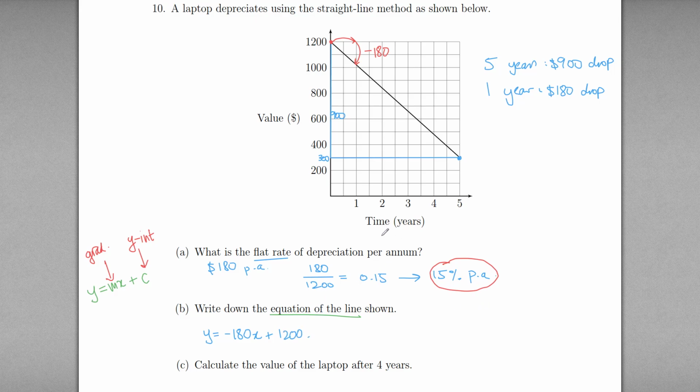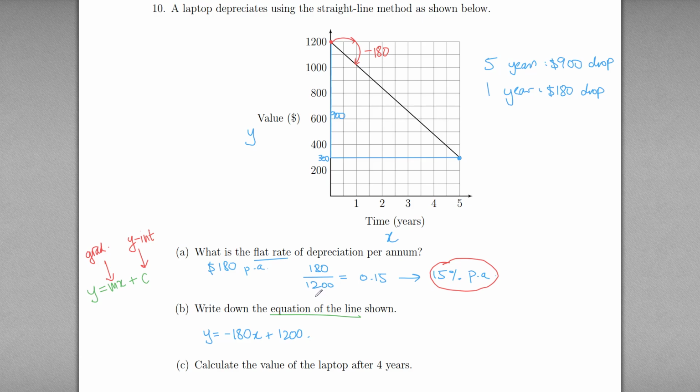Now, of course, if that's x and that's y, and there are other letters, use the other letters. But the equation is going to be mx plus b or c, where m's the gradient, so every one across, how far up or down do you go, and the number at the end is where the line touches the y-axis. That's 1200.